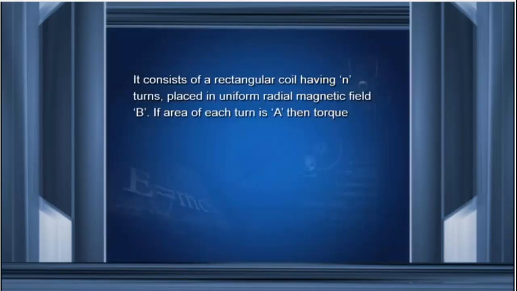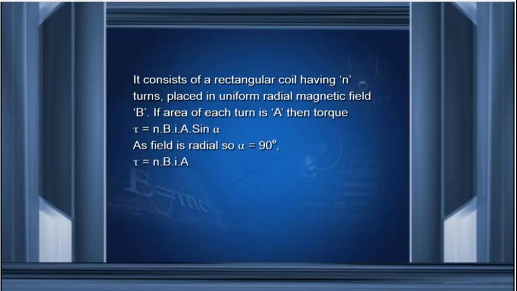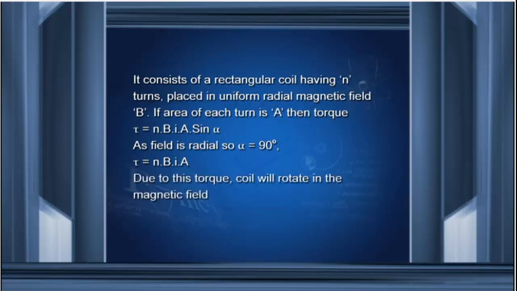If the area of each turn in the coil is A, then torque tau will be equal to nBIA sin alpha. As the field is taken to be radial, alpha equals 90 degrees. So the maximum torque tau will be equal to nBIA. Due to this torque, the coil will rotate in the magnetic field.